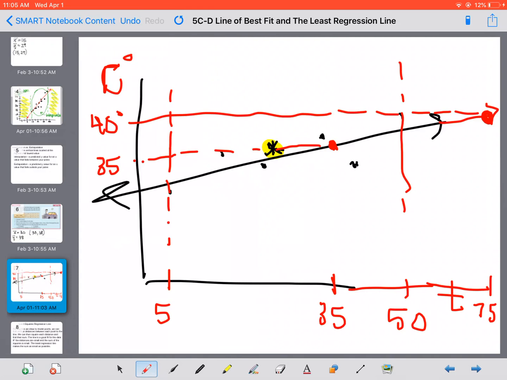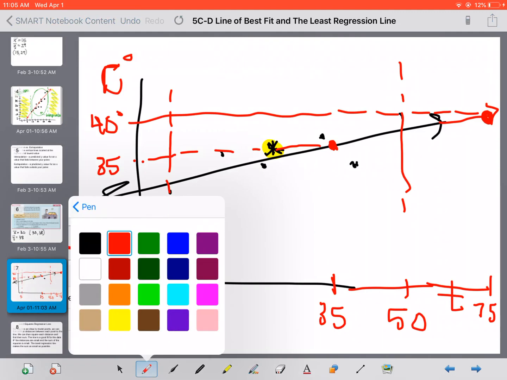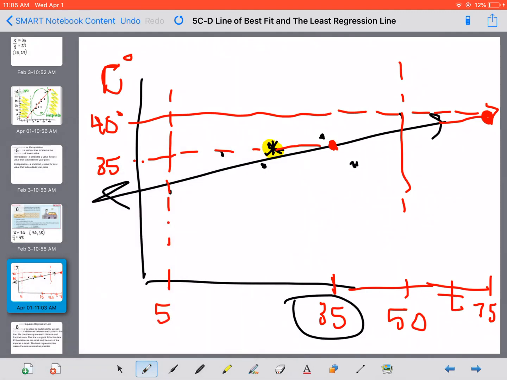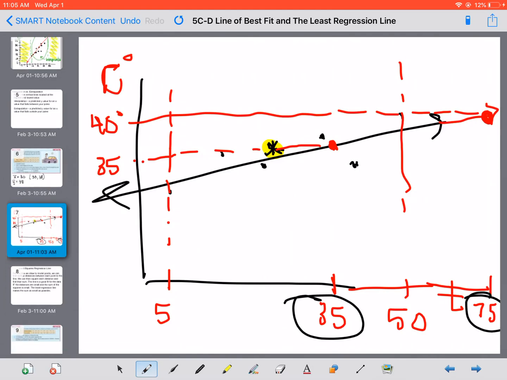So the first one, when we predicted for 35 minutes, was okay because that fell inside the poles, but 75 was falling outside of the poles. So the first one was reliable because of interpolation. The second one is not reliable. So that is line of best fit.